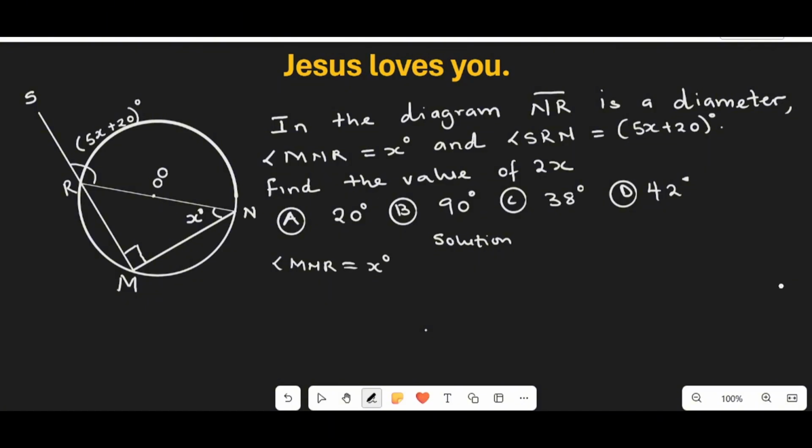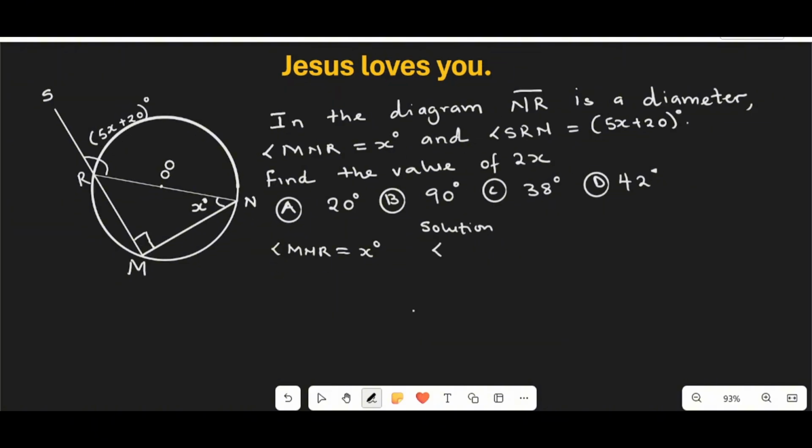Also, angle XRN is equal to 5x plus 20 degrees. And we were asked to find the value of 2x.